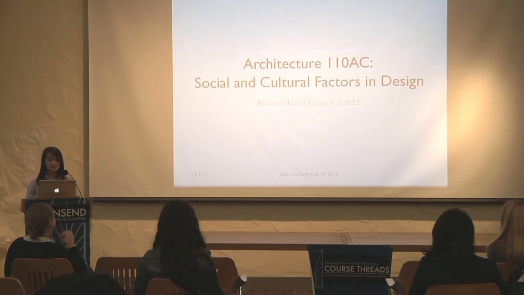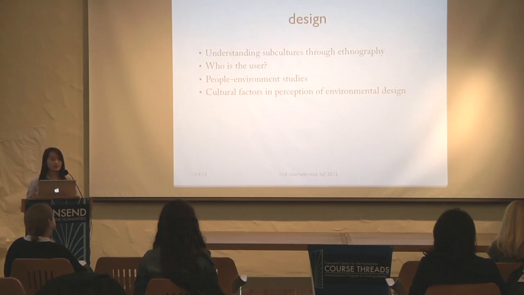The final class that I took most recently this semester was social and cultural factors in design, specifically architectural design, which was pretty interesting for me coming from an EECS background. Some of the things that we talked about were understanding the subcultures that use and interact with the site, and what it means when people and the environment interact in a space.